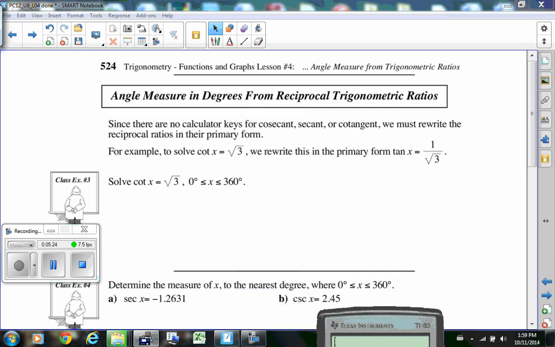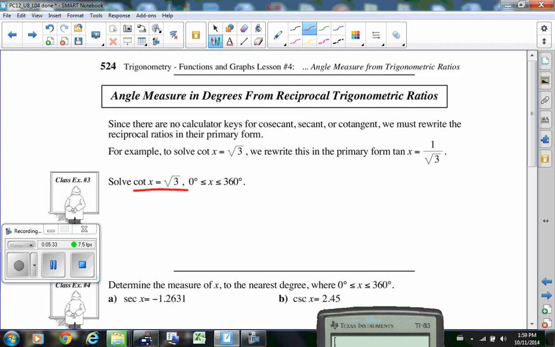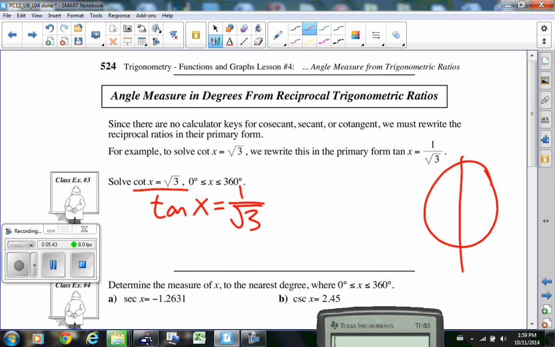If we have the reciprocal trig function, all we have to do is flip it around. Say cotangent. What I actually want is tangent equals 1 over root 3. On my unit circle, there's that one, and there's this one. I need my two positive slopes, so it's going to be in 1 and 3.